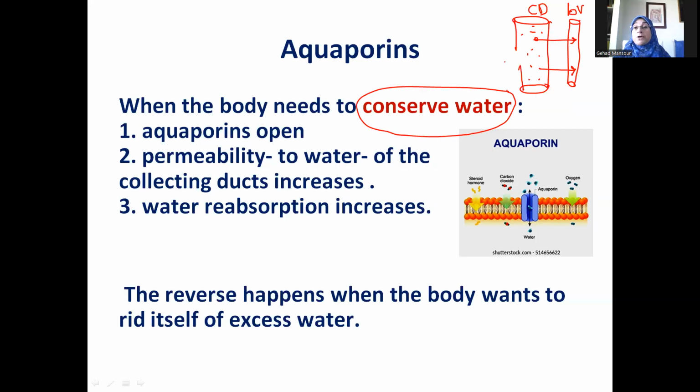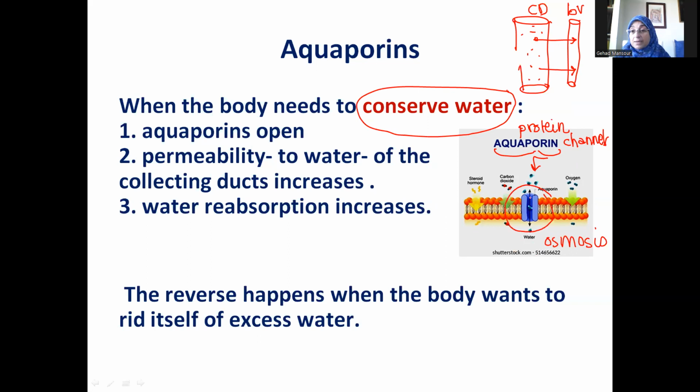But when there are aquaporins, these protein channels that lie in the cell membrane and allow the passage of water, they will allow passage of water by osmosis, but this is not regular osmosis.